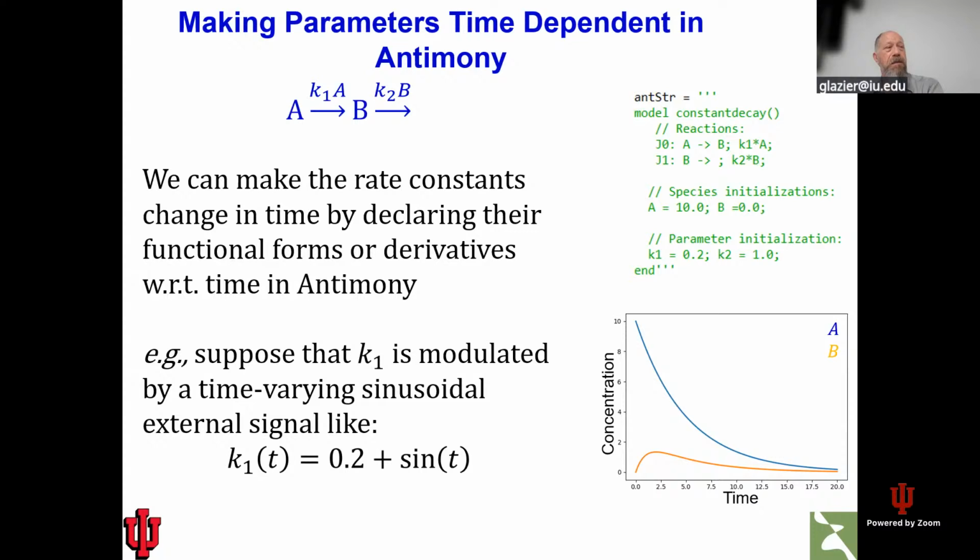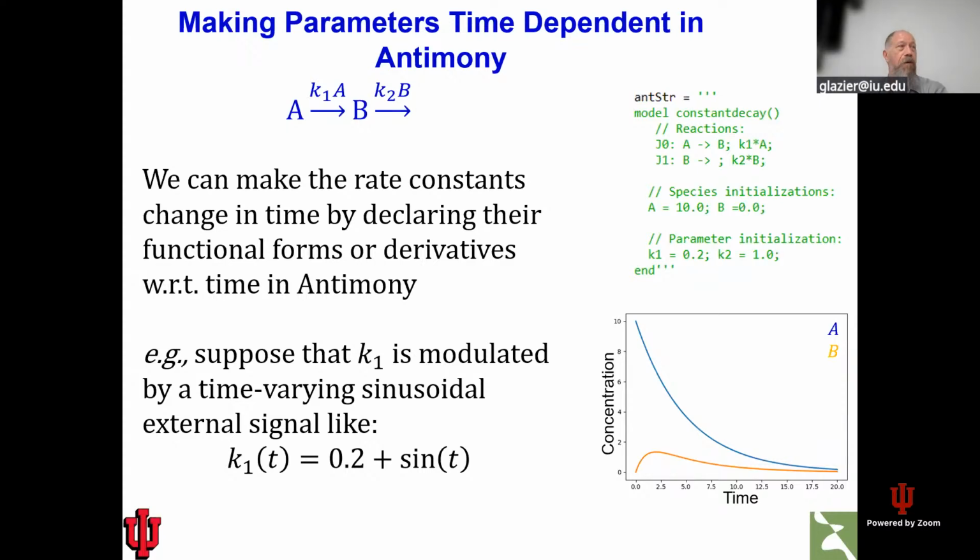And that means that if we try to write something like K1 equals 0.2 plus sine of time, that will be evaluated for the value time equals 0, and it will give me the value of 0.2. And so when I run it, K1 will not change.